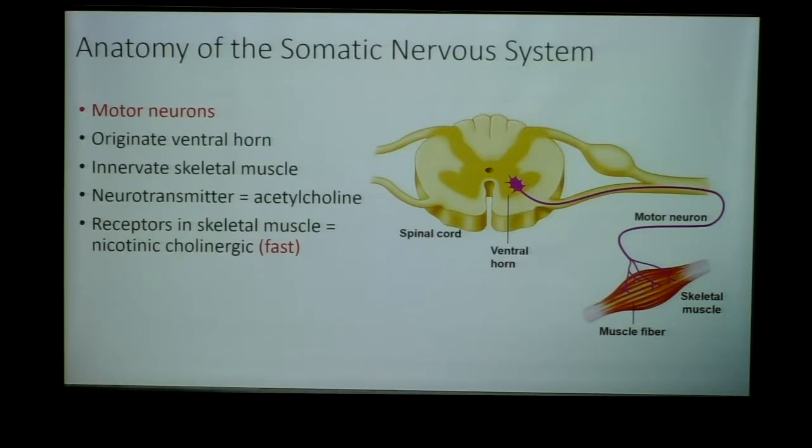That speaks to the fact that the somatic nervous system needs to be a very fast response. It needs to be immediate because these are things that we're controlling. We can't wait until tomorrow or in an hour to move this limb. If I want to move this limb, I need to move it now. So we only see these fast receptors in the somatic nervous system. Very important distinction to make.